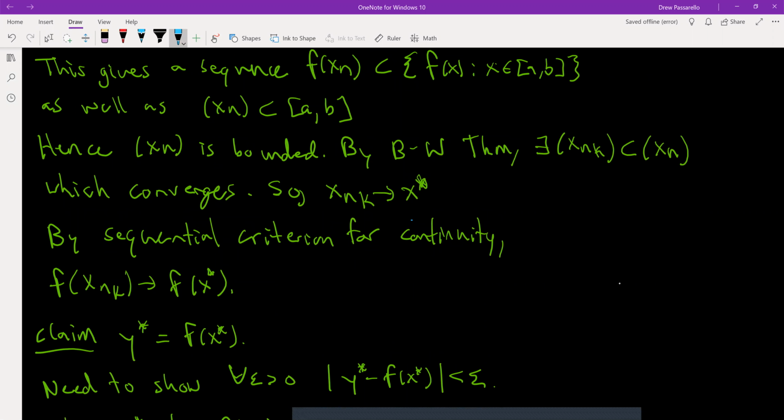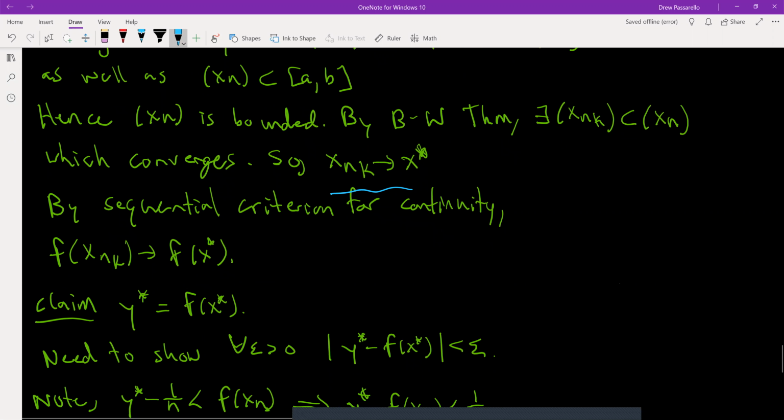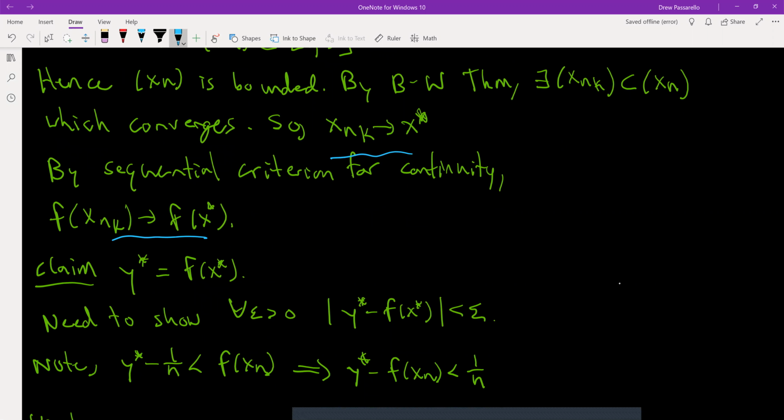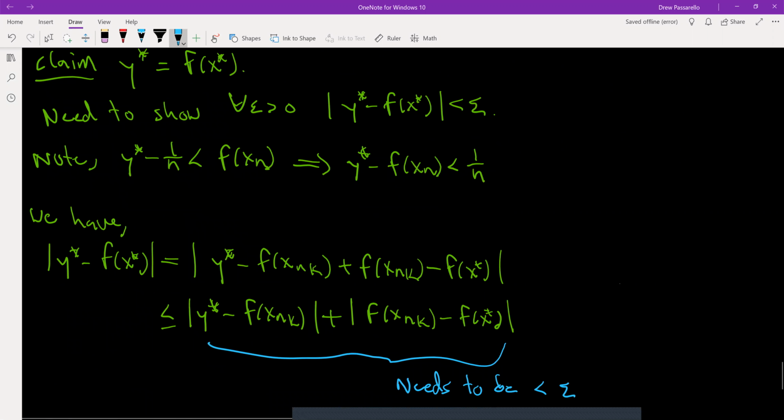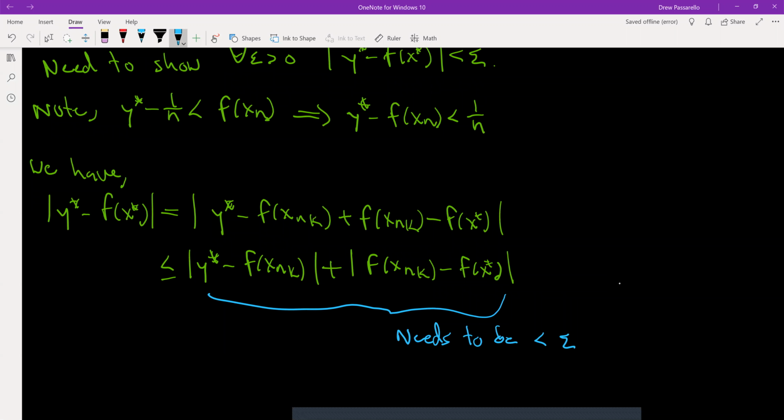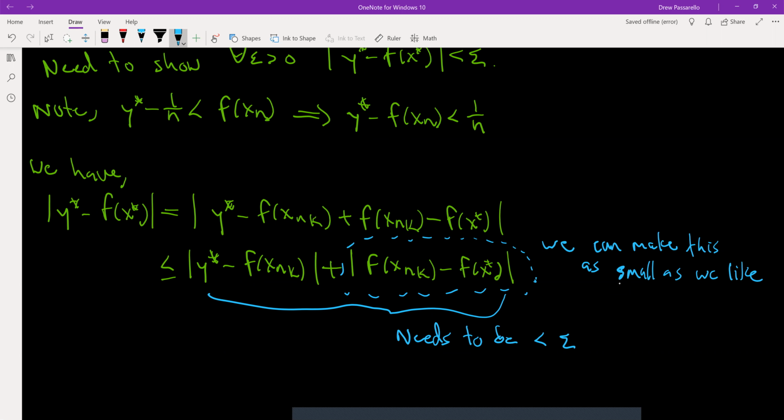Well, we already know this part, so x_{n_k} converges to x star, so by the sequential criterion for continuity we can make this as small as we like. Since you're adding one component to another component, you need the whole thing to add up to epsilon.